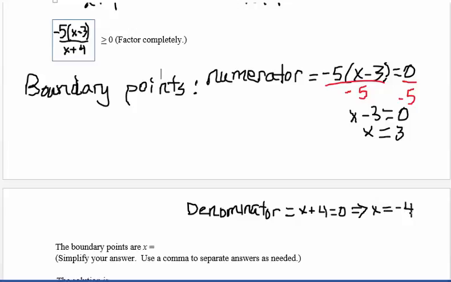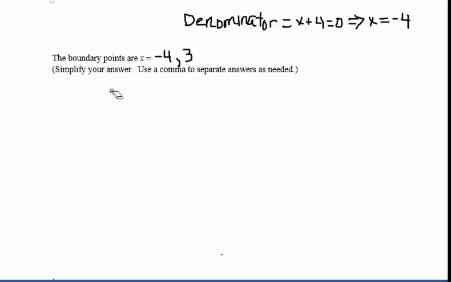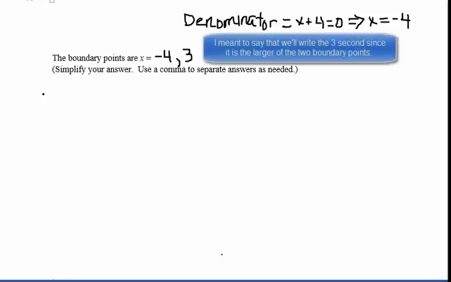And that will be true if x is negative 4. So my boundary points, in number line order, are negative 4, the smallest, and 3, our larger boundary point. So we want to set up our test intervals in order to find the solution to this rational inequality.